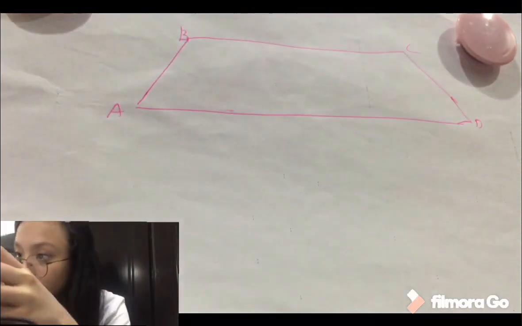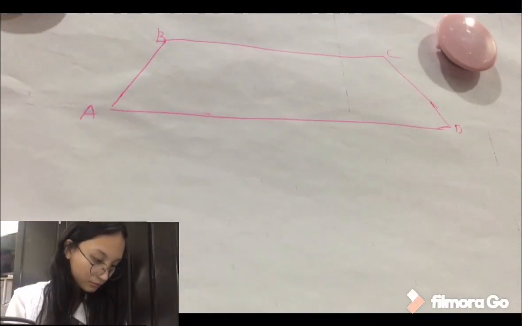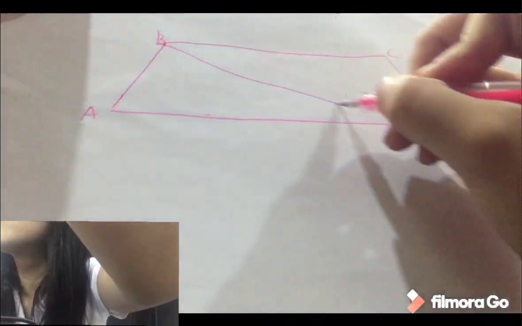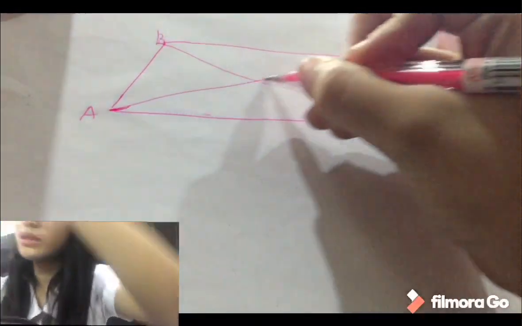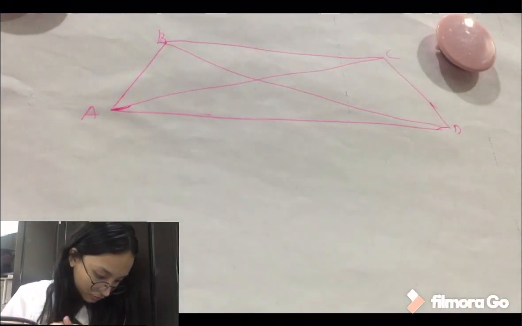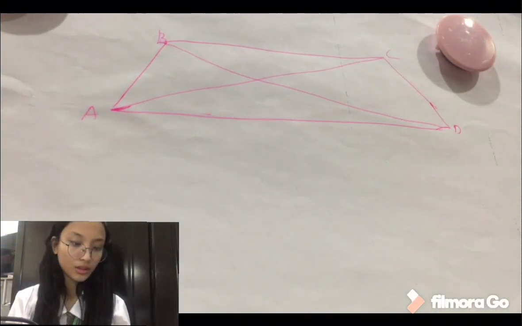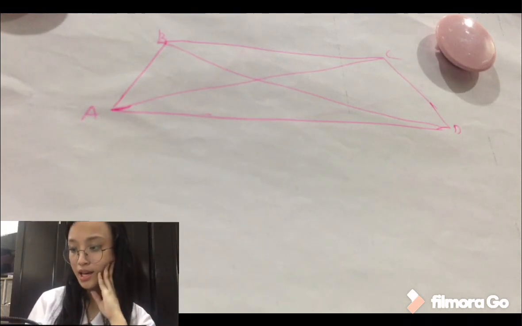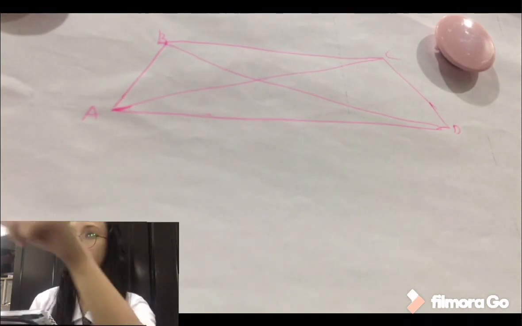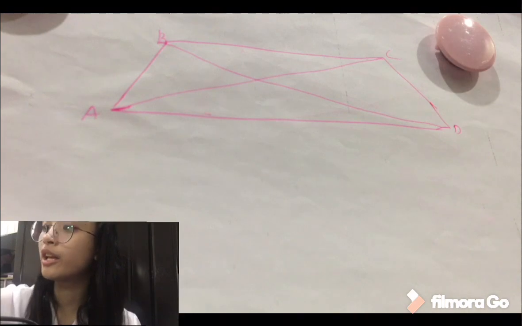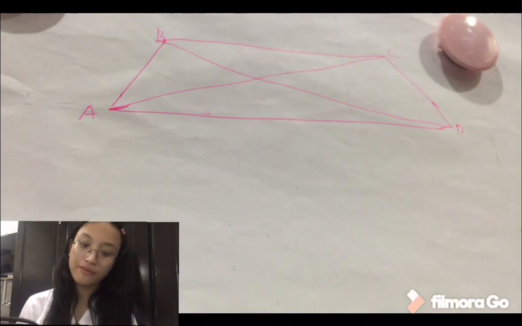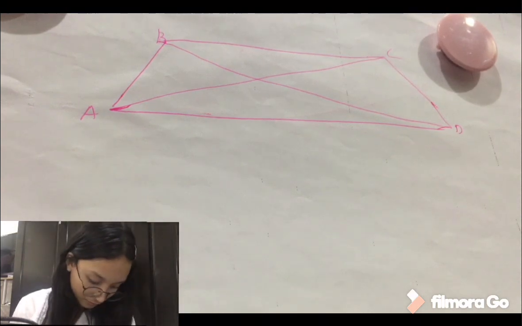Given this trapezoid, let's say we have these two diagonals. Let's say that AC is equal to 5x plus 4.